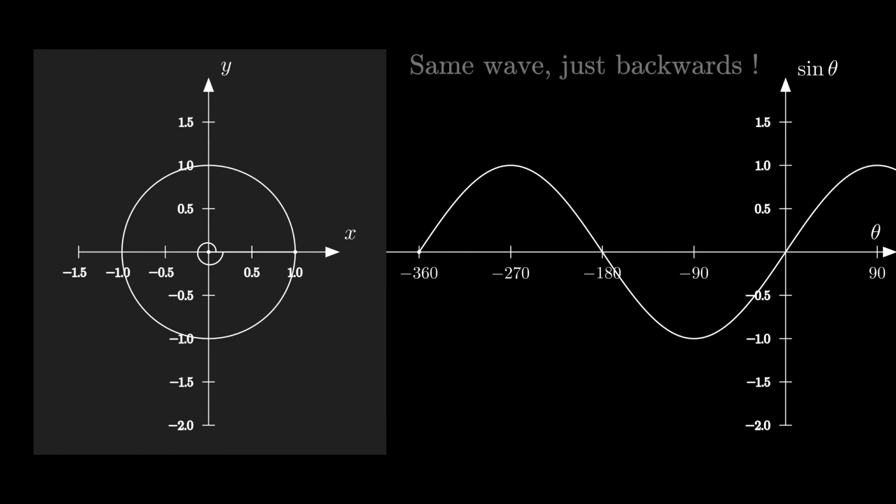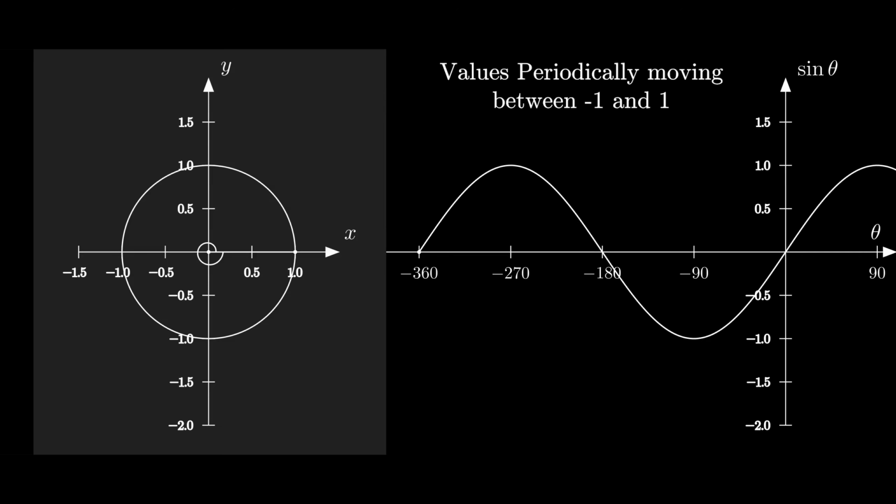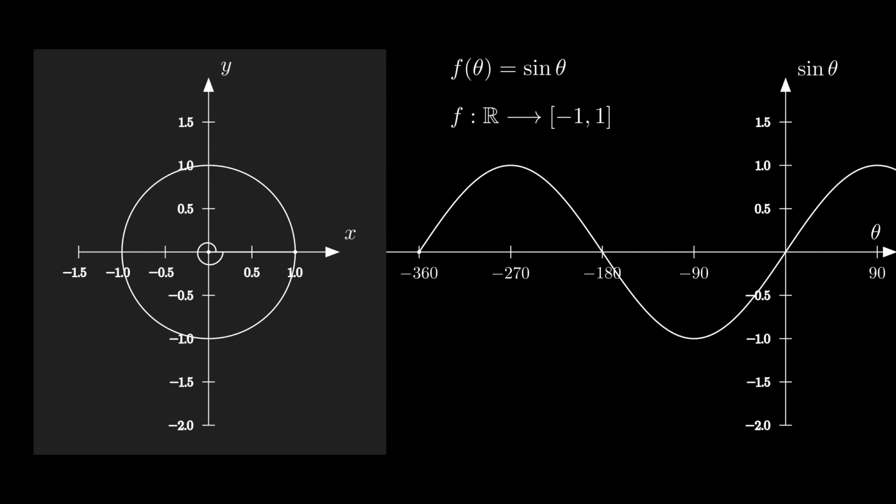Negative angles trace the same wave, just backwards. So, the sine function is continuous at all theta values, periodically moving between -1 and 1. Therefore, the domain is -infinity to infinity, and the range is -1 to 1. This symmetry helps us understand and predict the sine wave for any angle, positive or negative.